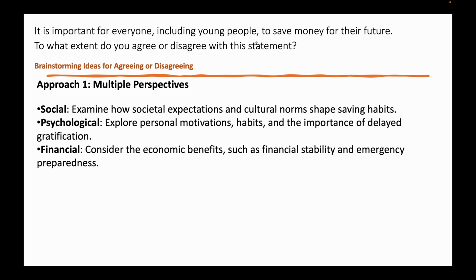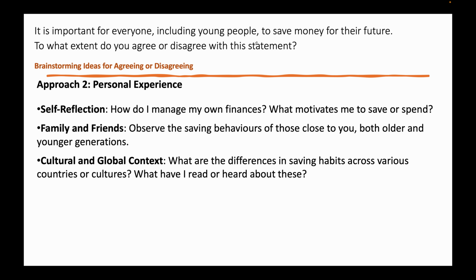But my preferred approach is to reflect on my own experiences and those of people around me. For example, I think about why I save or do not save money. And I think about my family, both older and younger, as well as friends and even celebrities and people from other countries. These real-life experiences can really help you come up with ideas.